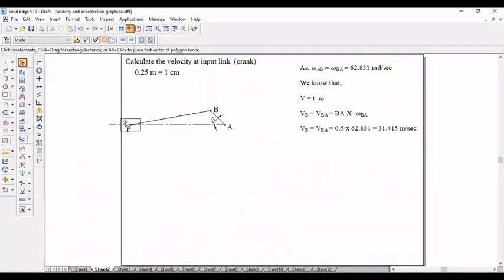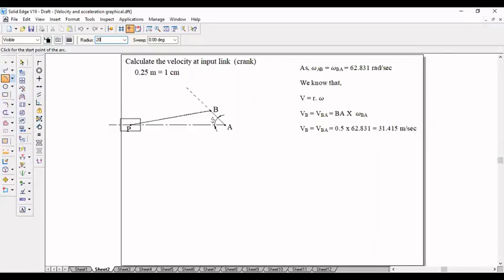Okay, I marked all the points except D point. For D point, they have given that from B it is 0.5 meter. Again, you should use a scale and do it. Again, 0.5 meter is nothing but 2 centimeter.